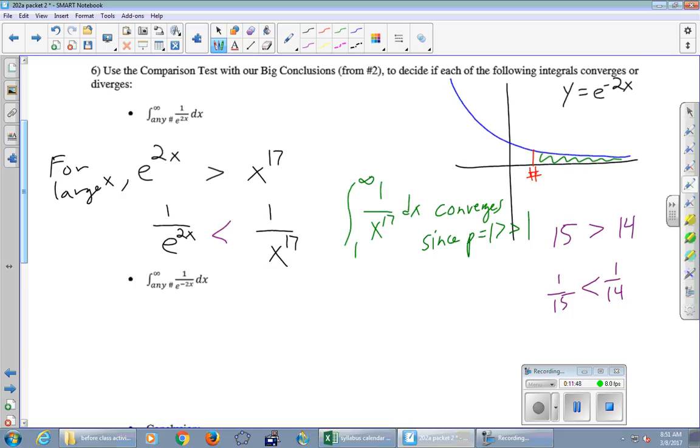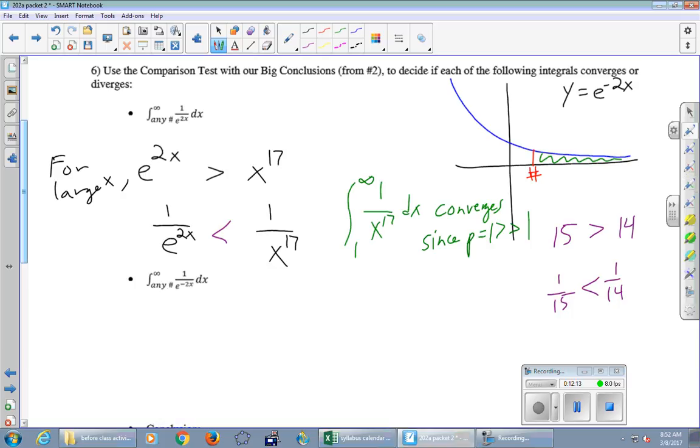And now it's just one last step to bring this back to our original integral. 1 over e to the 2x is smaller than 1 over x to the 17, and the integral of 1 over this x to the 17 converges. So what can you say about our original integral? Does it converge or diverge? It converges. It is smaller than something finite.